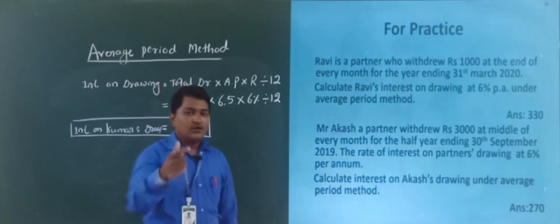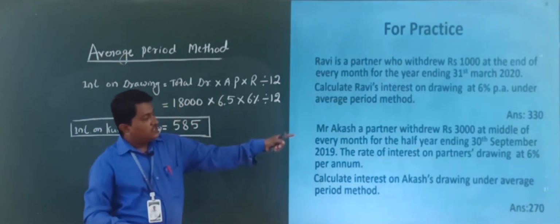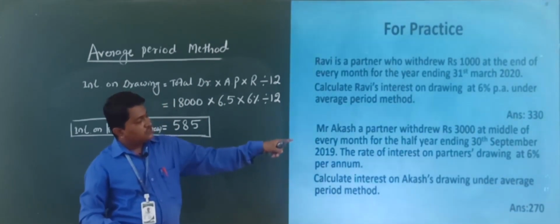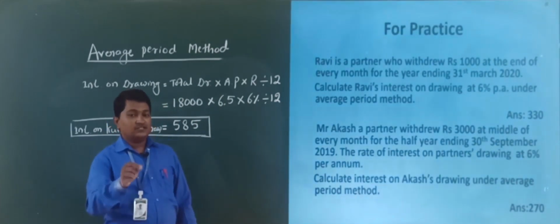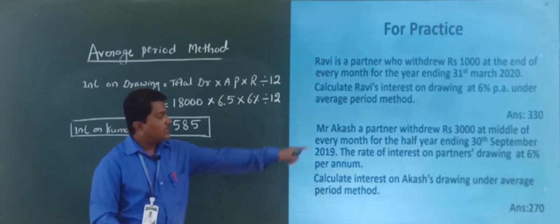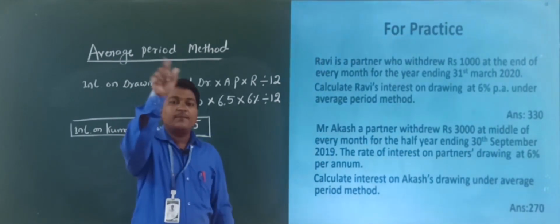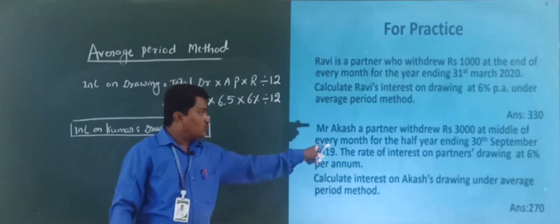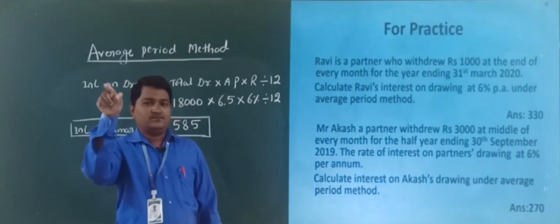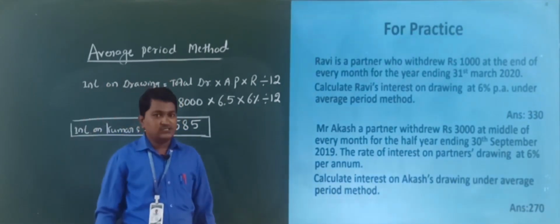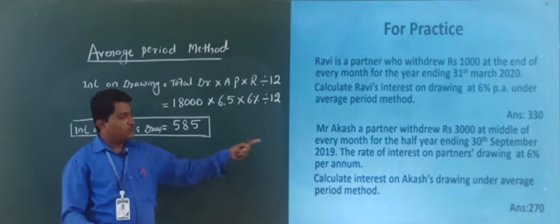Now please give me the answer. Can I multiply by 6, 12 or 4 for this problem? Yes, we multiply by 6. Why? They clearly mention half year. Half year means 6. So what is the total drawing here? 3000 into 6, that comes to 18,000. So please try that.